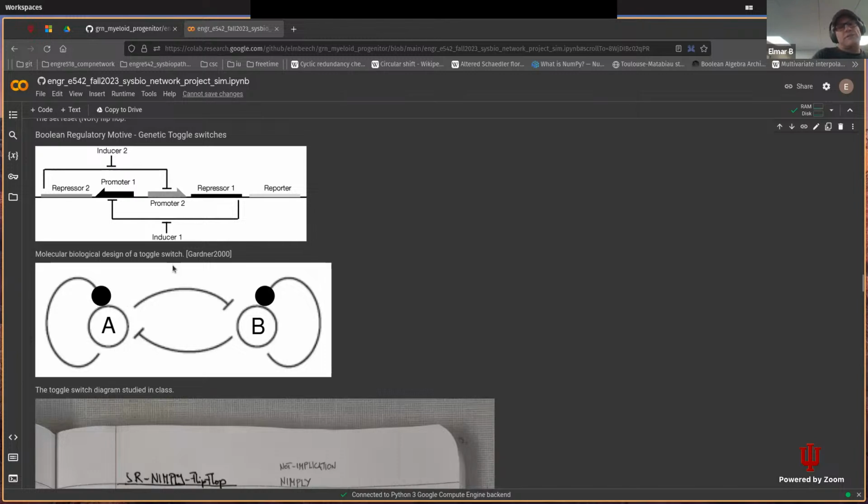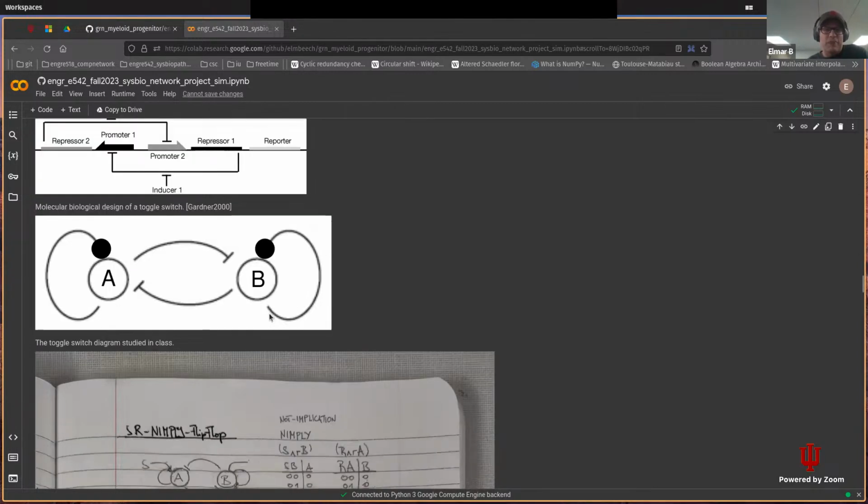This toggle switch can be implemented molecular genetically, where you have a promoter, you have a repressor, and the repressor will block promoter 1, and then we have repressor 2, which will block promoter 2. And then we have these inducers. Our latch, or what we call latch there, or our flip-flop, looked like this.